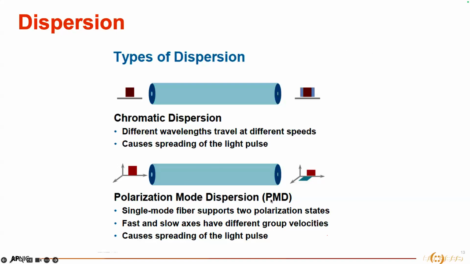For PMD, or polarization mode dispersion, light is traveling in the same direction for the electric and magnetic fields, but over time the two axes or two fields got out of sync with each other, and one of them lagged behind. So now both fields are not in sync. They have different velocities in different planes, right?